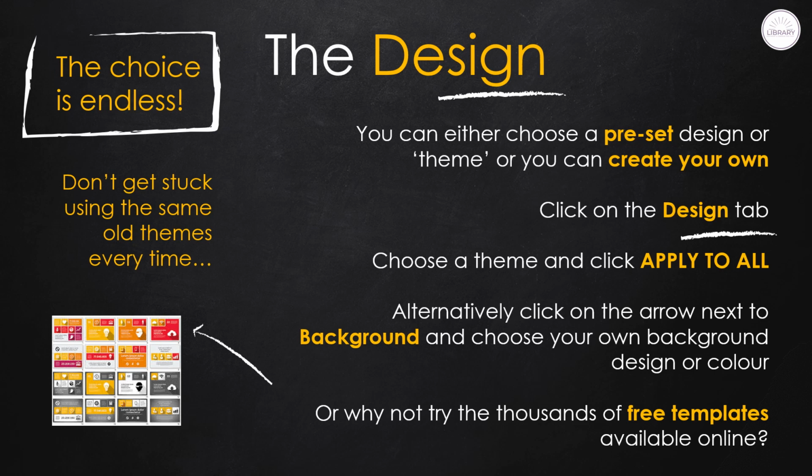Click on the Design tab, choose a theme, and click Apply to All. Alternatively, click on the arrow next to Background and choose your own background design or colour. If you don't see anything you fancy using, why not choose from the thousands of free templates available online?